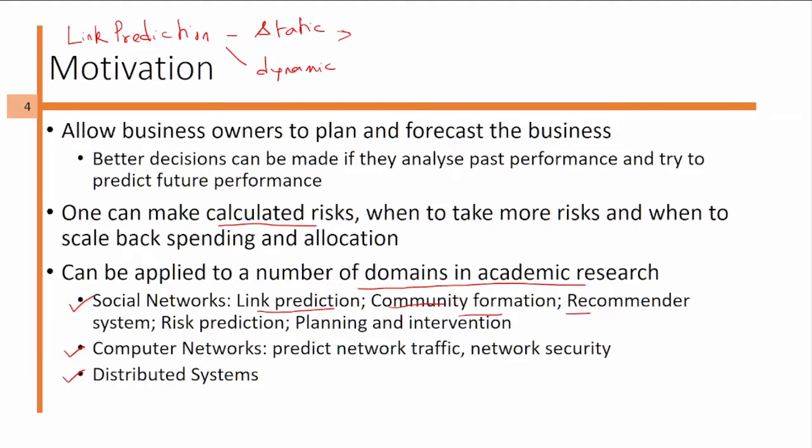The mastermind may be someone who is not very active. Based on the kind of posts and comments he makes, we try to find out which other node that particular node is linked with, although there may be no physical link between them. This is what we try to predict in case of static.